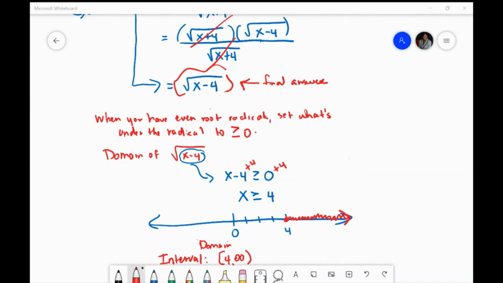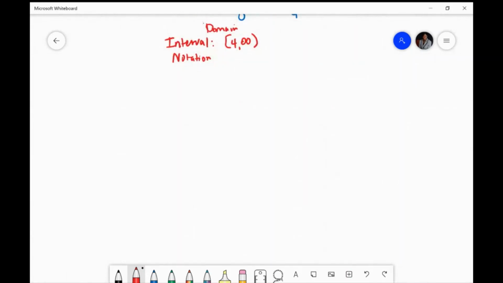So, okay, let's see. F and G. All right. So number 6. Your f of x was x over x plus 4, and g of x was x cubed.